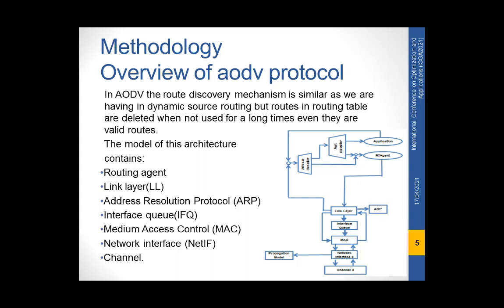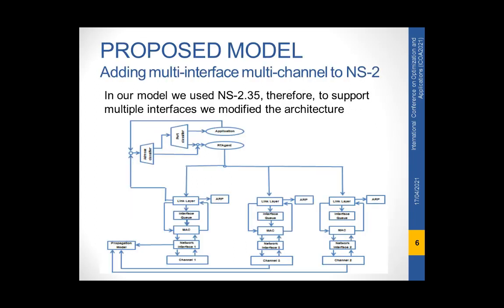The model of this architecture contains routing agent, link layer, address resolution protocol, interface queue, medium access control, network interface, and channel. In our model, we used NS2.35, and to support multiple interfaces we modified the architecture as shown in the figure.